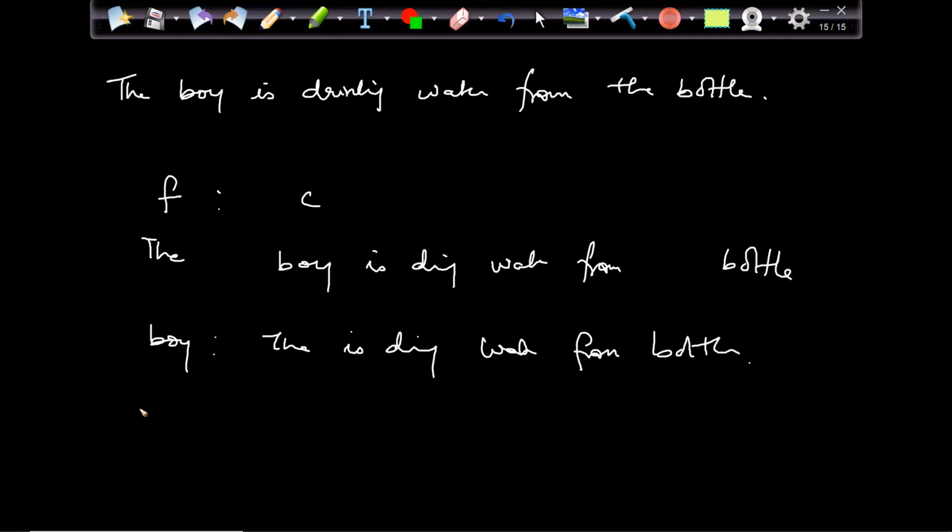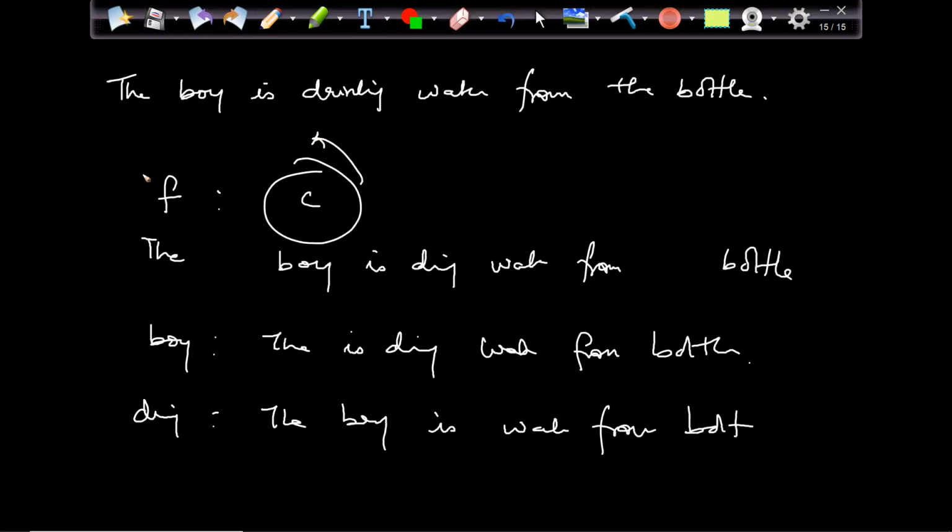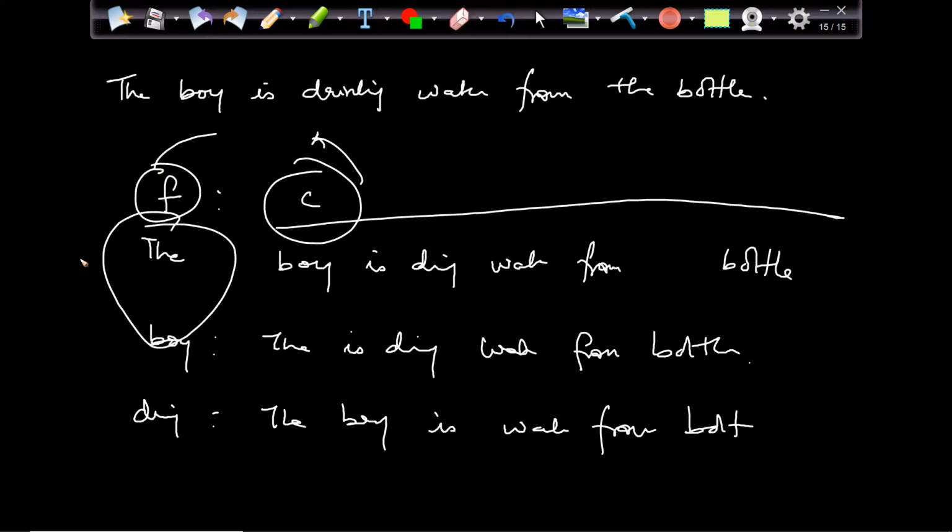In the same way, my next focus word is, let's say, drinking, so the words are the boy is water from bottle. So this is my input, and it's now a classification. These are my X and this is my Y.